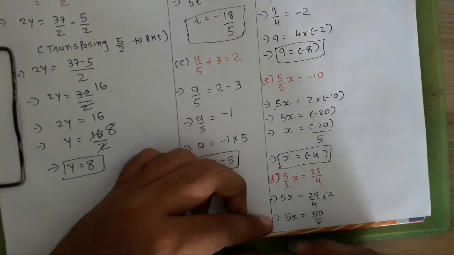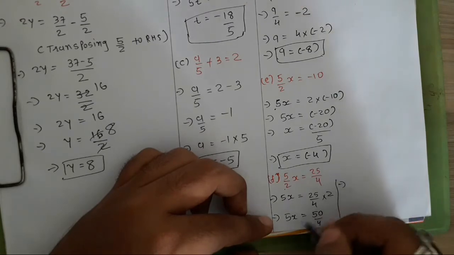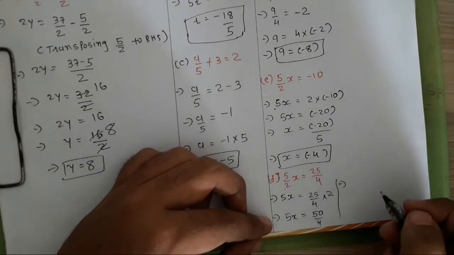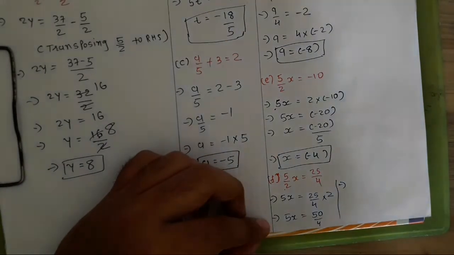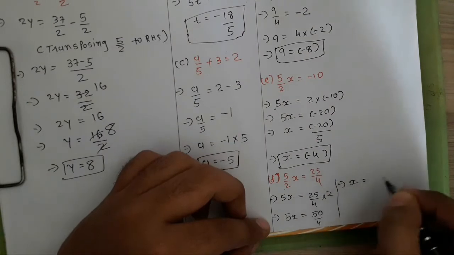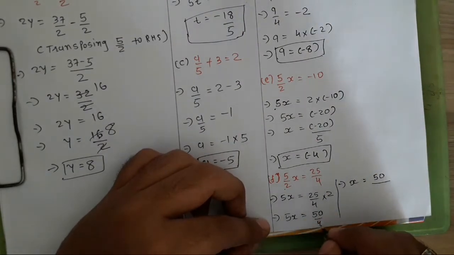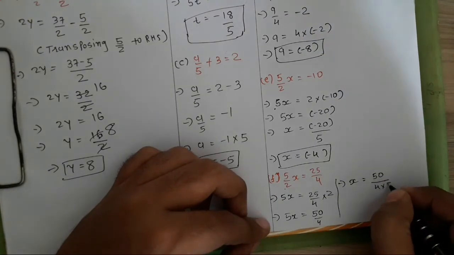Now this is the value of 5x. Now I have to find the value of x. So for that, if any number is in multiplication on one side, if I take this to the other side, then it will come in division. So for that, x is equal to 50, and 5 will be here in division, and 4 is already there, so it will become 4 into 5.